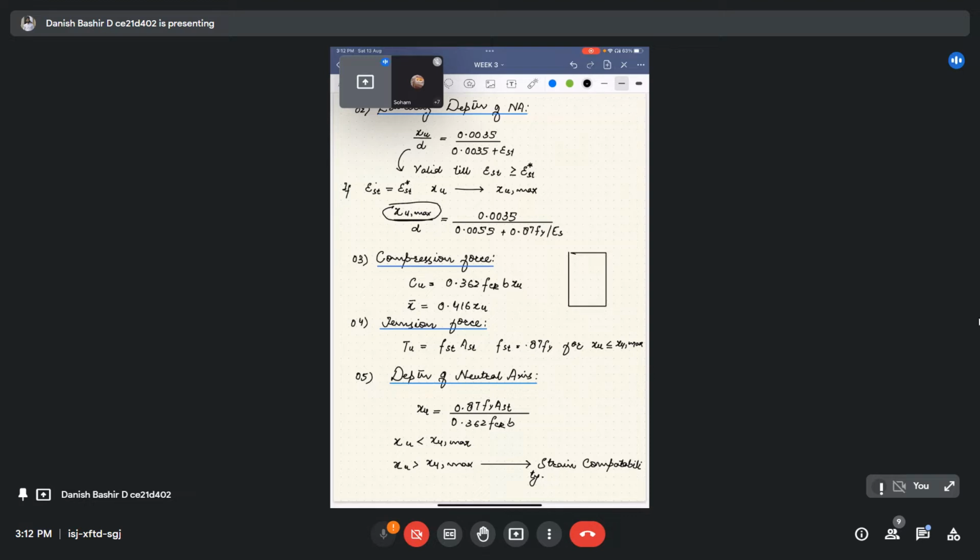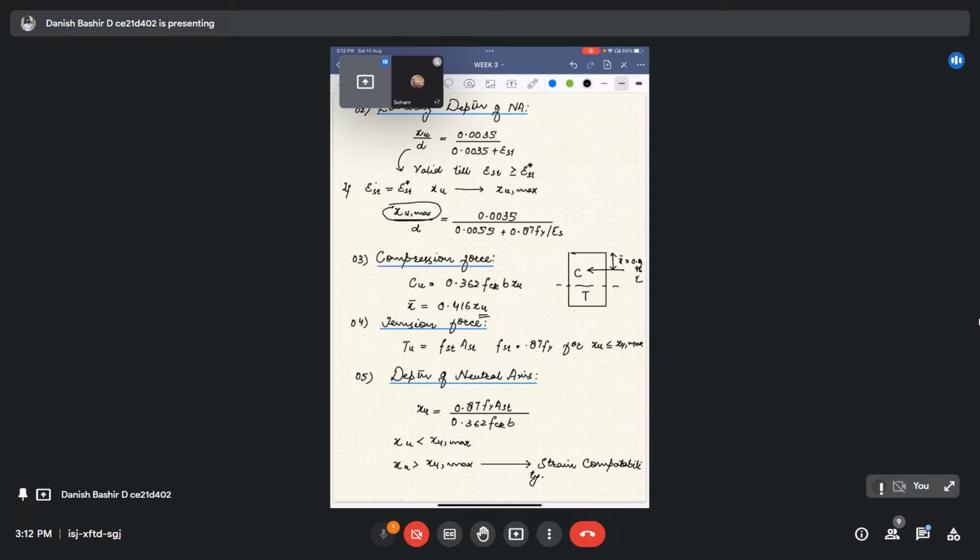Below the neutral axis it is tension, and above the neutral axis it is compression. This total compressive force on our beam section acts at some distance from the topmost fiber. That's x bar, which is 0.416 xu.